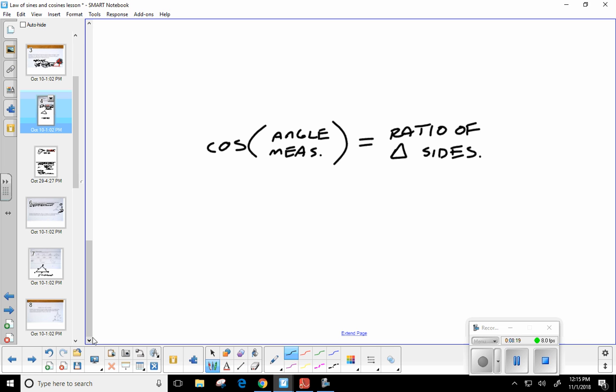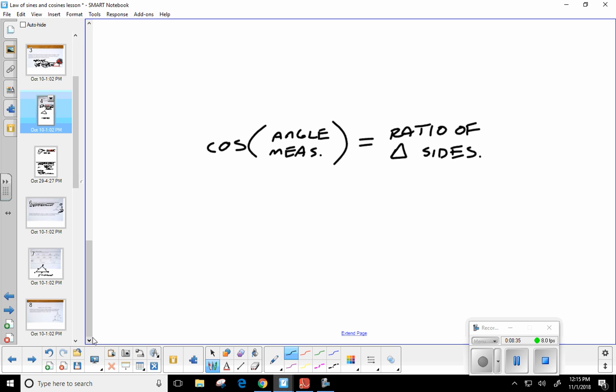You remember when we were evaluating, in fact, that's exactly what we're doing on our happy minutes. Every time we plug in one of those radian or degree measures, we're finding the ratio of the sides of a triangle, right? A right triangle that was created.